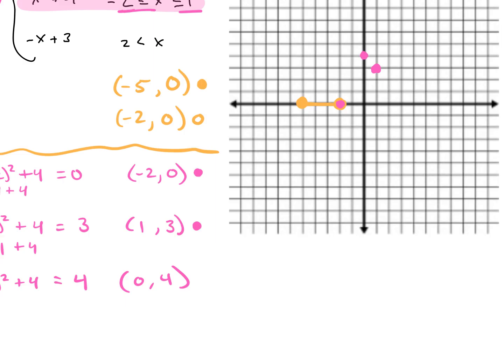Once we have 3 pieces, we can draw our graph. We know that the shape's going to be a parabola, and we see that it's going to go up and then down. So it'll be something like that. If you want to plug in more points to get a better idea of the shape, you can.